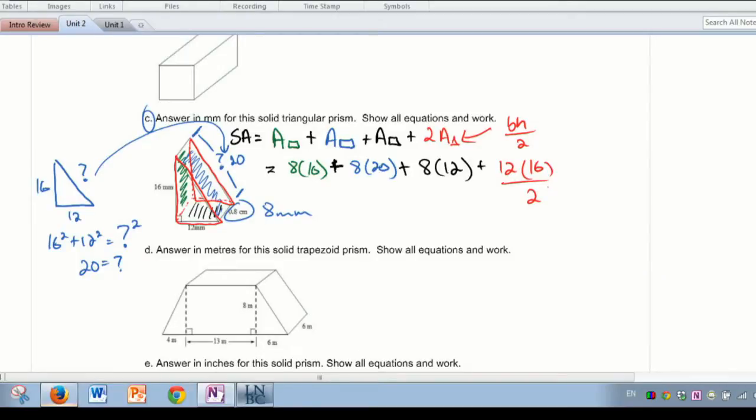So 8 times 16 is going to give me 128. And I'm going to add to that 8 times 20, which should be 160. And it indeed is. 8 times 12, you know your 12 times tables. And 12 times 16 divided by 2 is 96 as well.